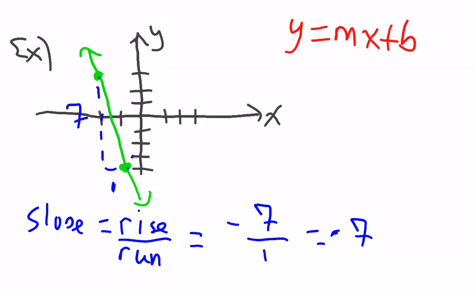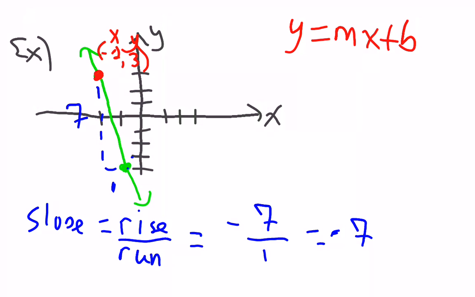And right now we know our m, but we also have a point on the graph. So in this case, we can look and we say, oh, well, this point right here actually has a coordinate, and it's at -2, 3. And notice every coordinate is going to be x and y. So what I'm going to do is plug in that point for the x and the y in the equation and plug in the m that I just found, and I'm going to solve for b.